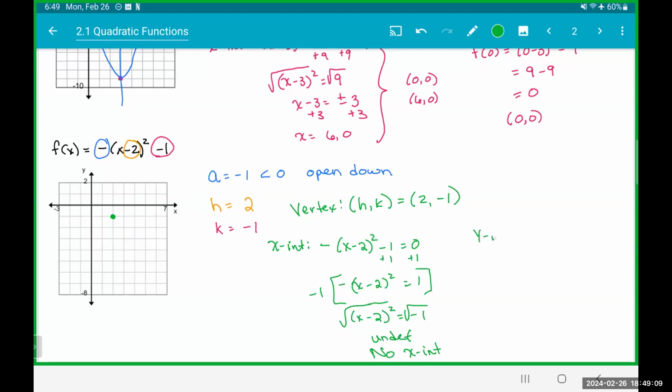Okay, so for our y-intercept, that is going to be f of 0 equals negative 0 minus 2 squared minus 1. So that's negative 2 times -2 is 4 minus 1. And so when we add those together, we get -5. So our y-intercept is 0, -5.